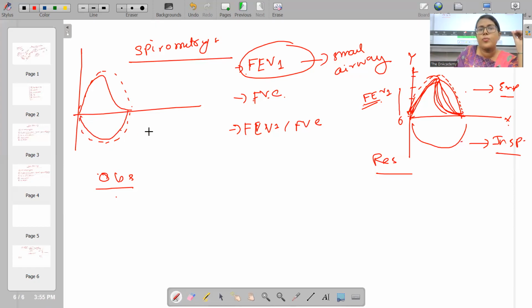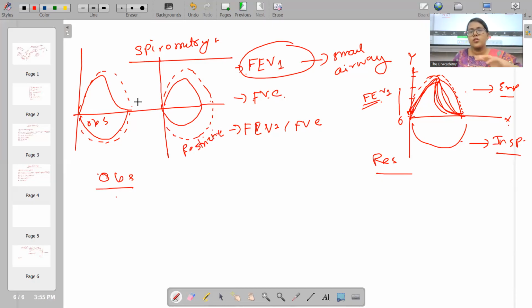The inspiratory loop will not be impaired in obstructive airway disease, but in restrictive disease, both the expiratory and the inspiratory loop will be hampered. So this is the obstructive pattern, and if this is the normal shape, this will be just slightly smaller in the restrictive variety. So just know the general impression.